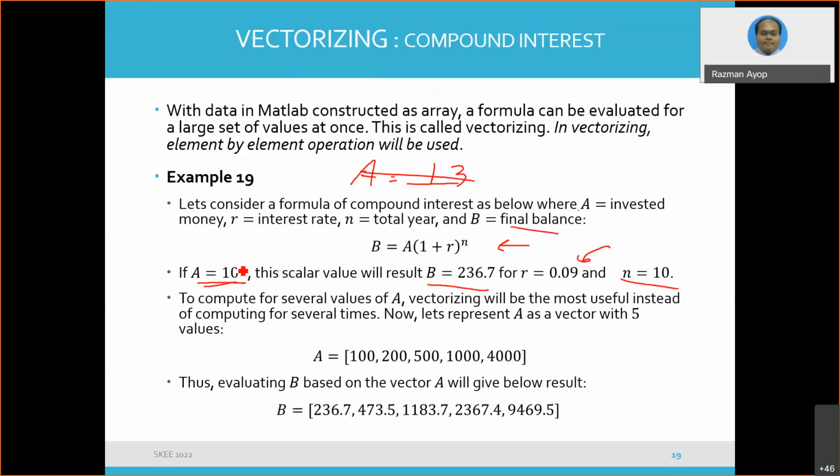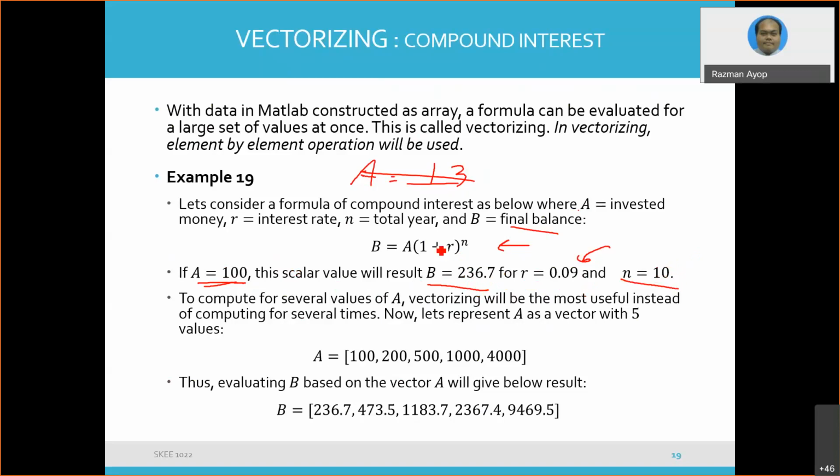Basically, you have 100 ringgit inside the bank, and the interest rate for that bank is 9% each year. You store your money in the bank for 10 years, and after 10 years, your money will grow to 236.7. This is what it means.